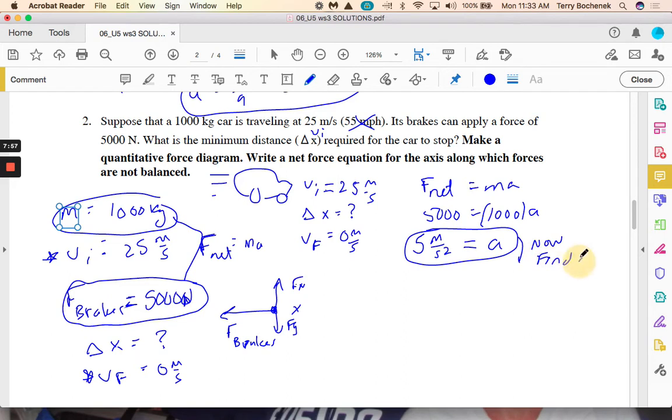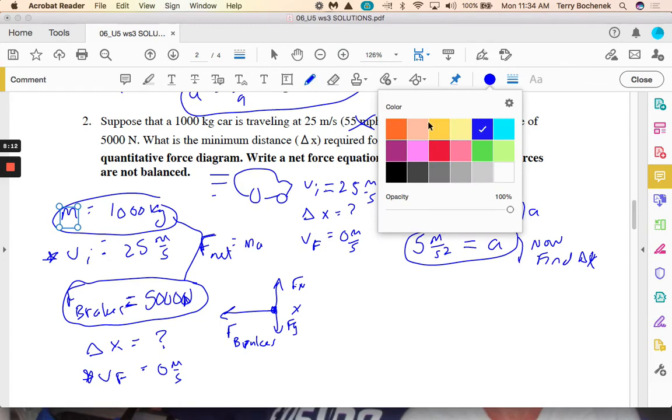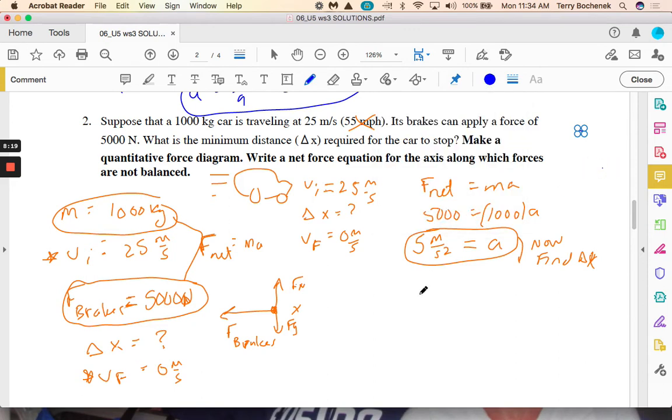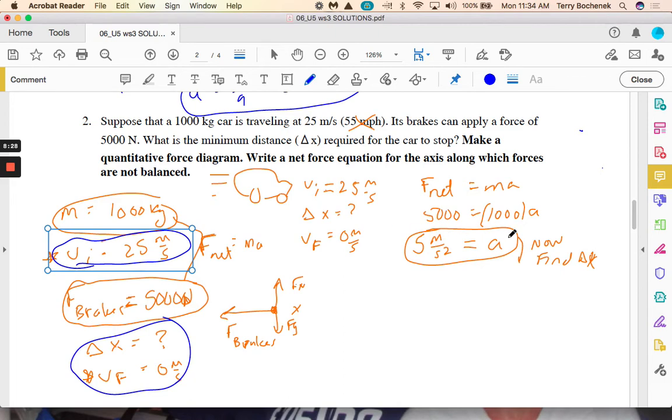Okay, this is to get us to be able to find delta x. So we've got a certain number of things to work with here. So we've got these kinematic equation variables, plus the one we just found.